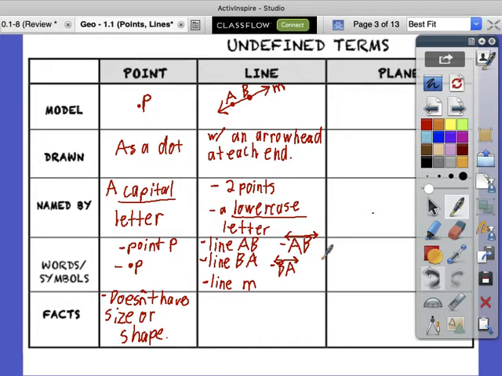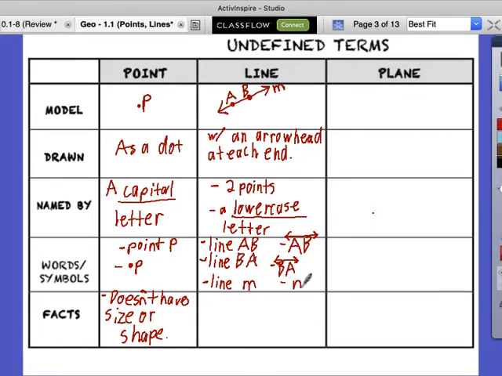And you could also do the same with the lowercase m, and do line m. So words and symbols mean the same thing, just 2 different ways to write it.